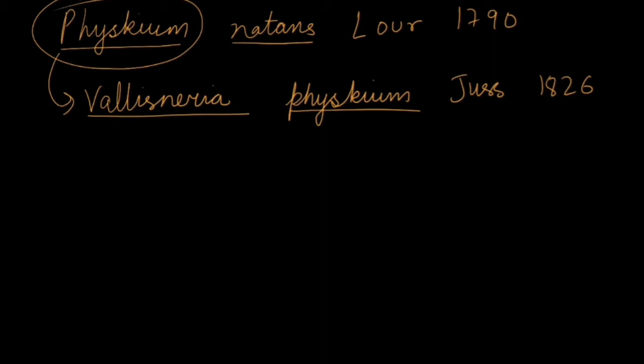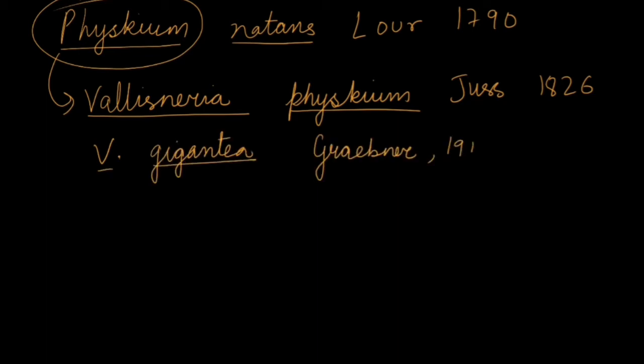Later on, independently, different people named them differently. Like Grabinier, he described the same species as Vallisneria gigantea, 1912. And later on, again, the same species was called Vallisneria asiatica by Makino in 1934.